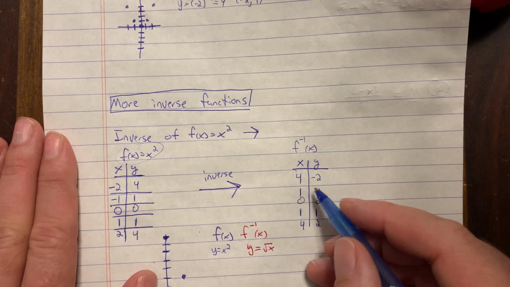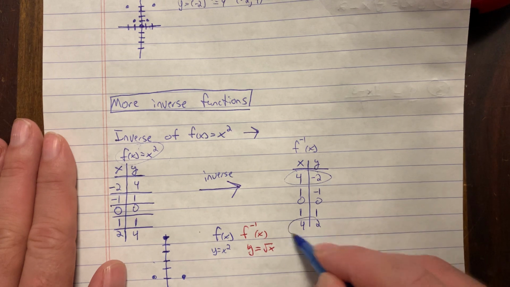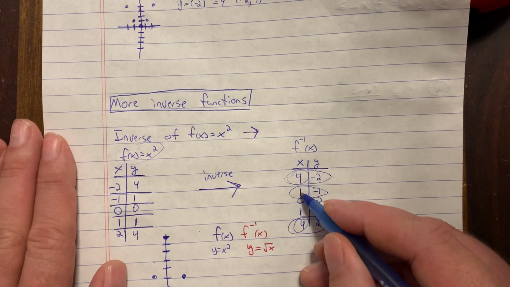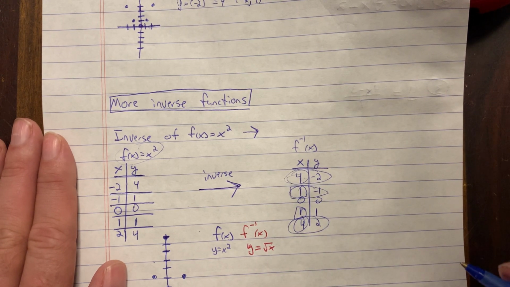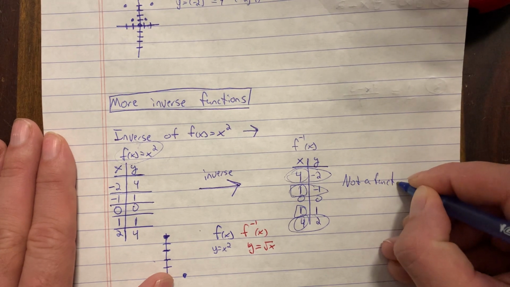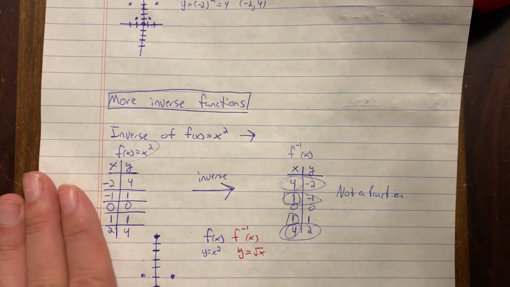And one thing we should notice here is that because the x values repeat, here we've got 4 and 4, and 1 and 1, and those x values have different y values that come out, this is not a function. And we'll see that when we graph it. I'm going to graph it in red in just a second.